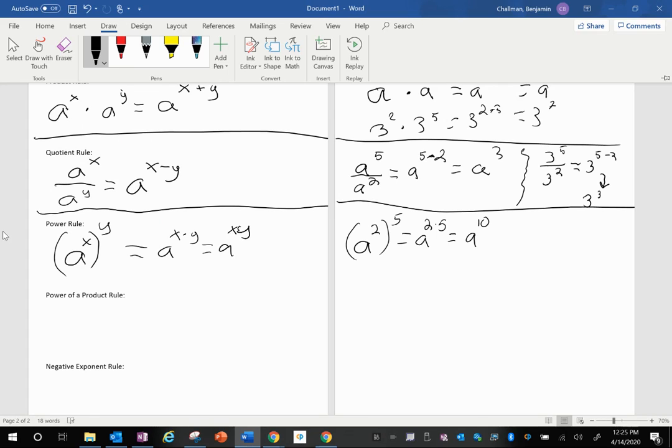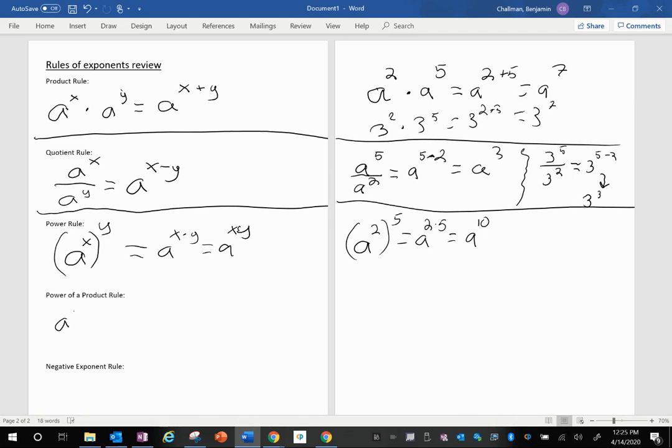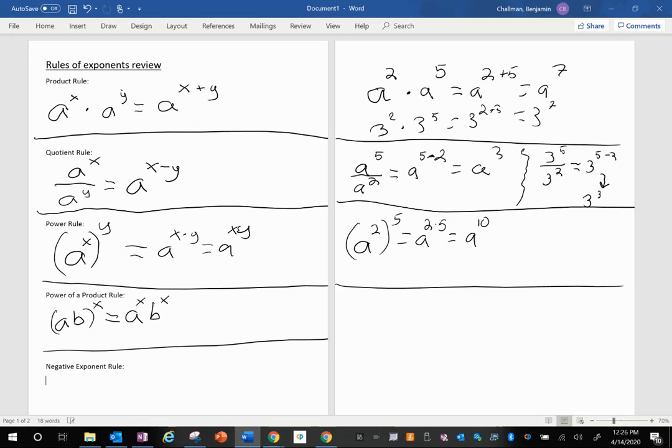Okay, so this says if I have two numbers, two bases, a times b, and I raise both of those to the x power, then I can basically separate those and go a to the x, b to the x. Okay, pretty straightforward. I know we didn't do an example for this one, but let's do it anyways.